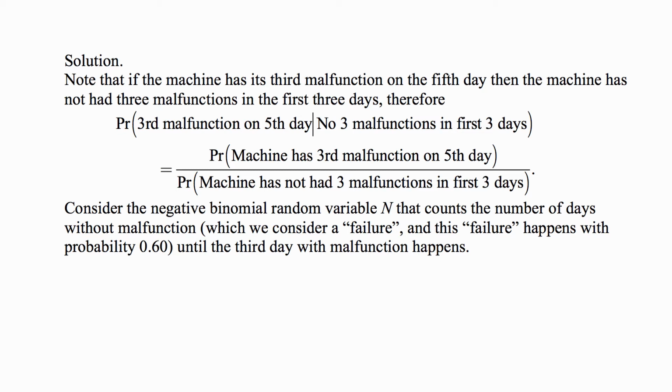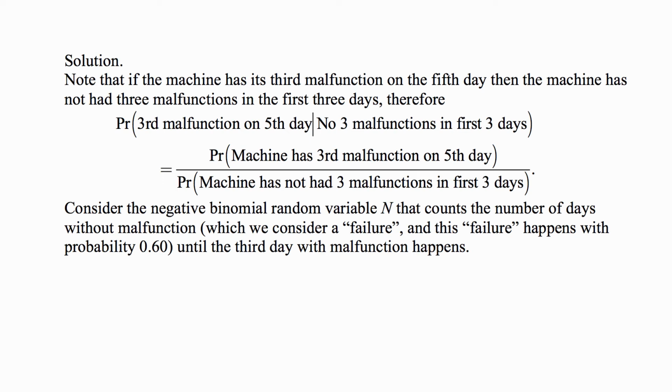So having a third malfunction on the fifth day is a subset, or sub-event, of the event of not having three malfunctions in the first 3 days. Having the third malfunction on the fifth day implies that there were no three malfunctions in the first 3 days. Whatever the number of malfunctions in the first 3 days was, it was not 3.